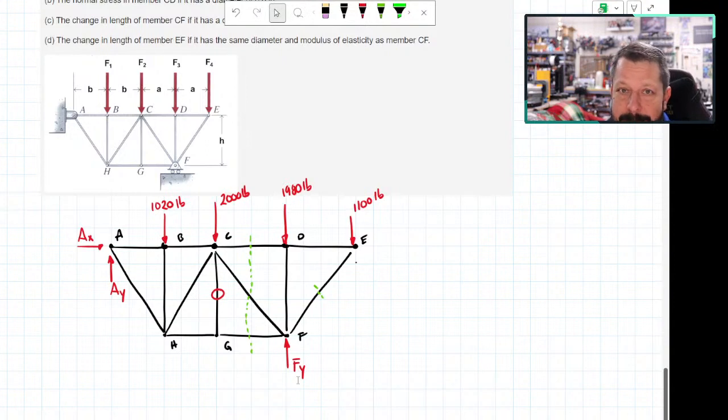So if you're on a test problem, be sure you really check what the problem is asking you for, because none of the problems I give you are going to say use method of sections to solve for whatever, or use method of joints. It's just going to say solve for this, and it's up to you to pick whether to use sections or joints.